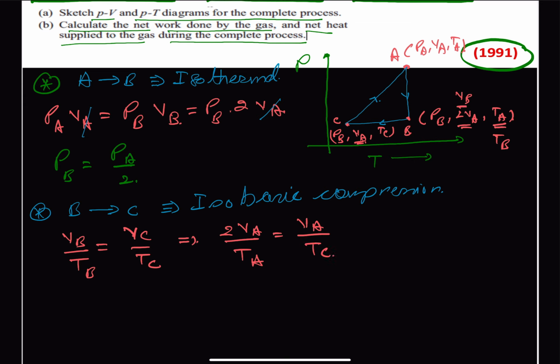And from here this VA and VA cancel out, so we get that our TC is equal to TA by 2.